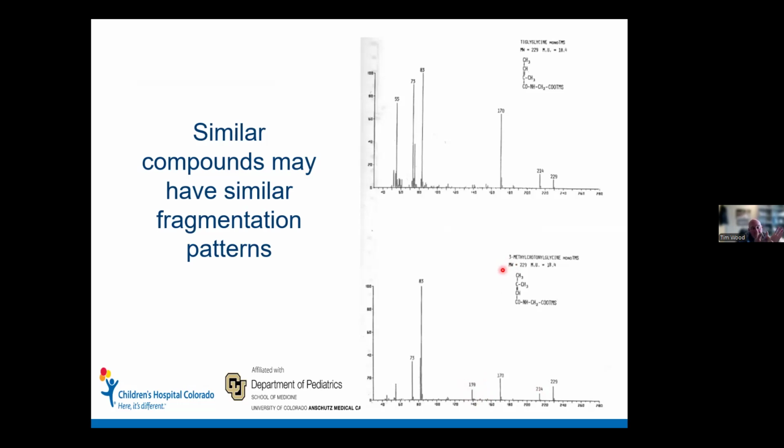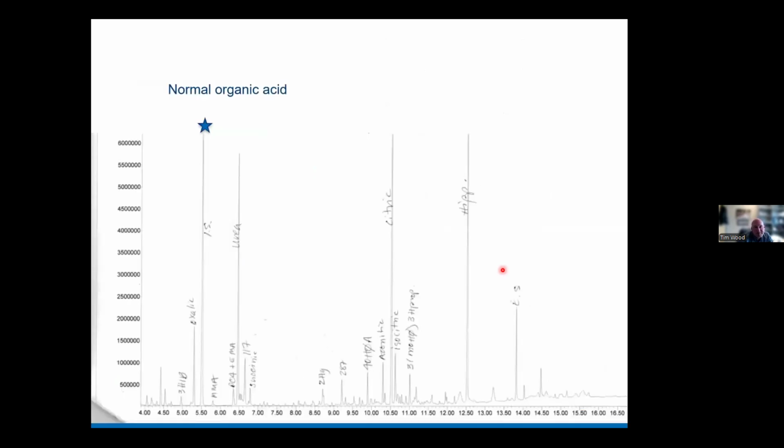I found that these patterns are very specific. So not only can you look at the mass, but you can look at the relative intensity of various ions to make your determination. But sometimes these can be very difficult to determine, and if you're going too fast, you might call one compound a closely related compound. I know when we have new techs, sometimes they'll flip these two.